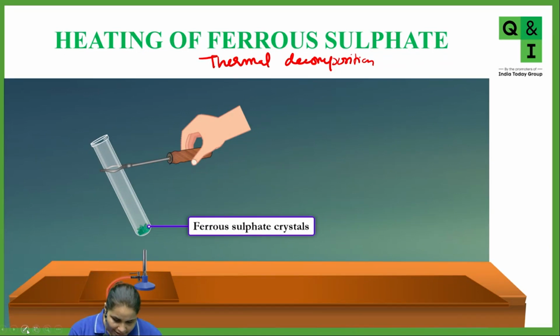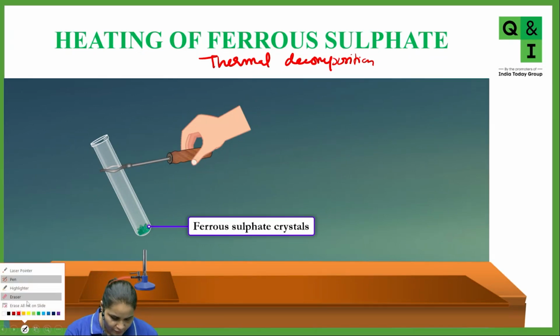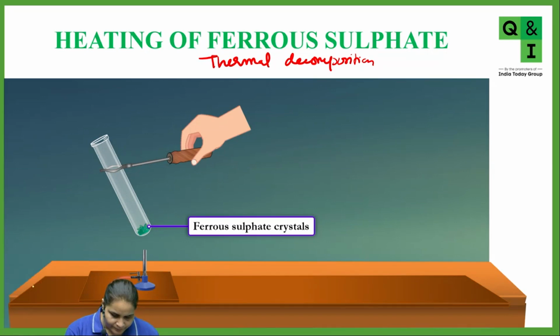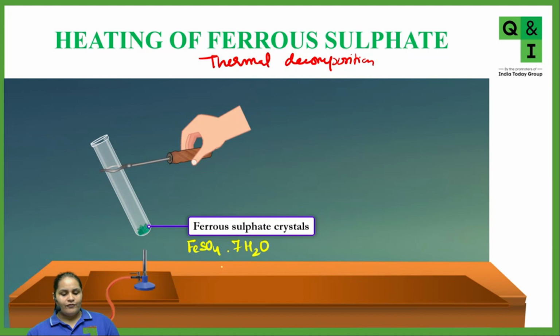The green crystals, ferrous sulfate, its actual formula is FeSO4.7H2O, where the 7H2O are the water molecules which are associated with the compound ferrous sulfate.